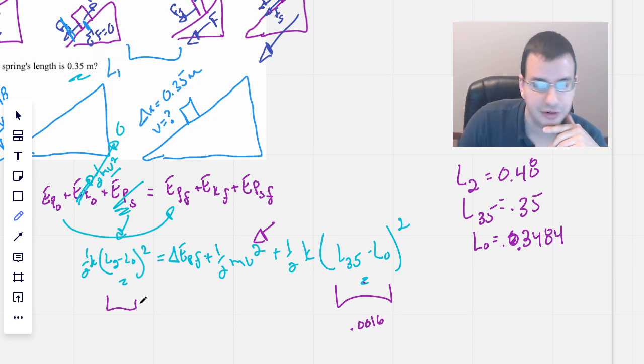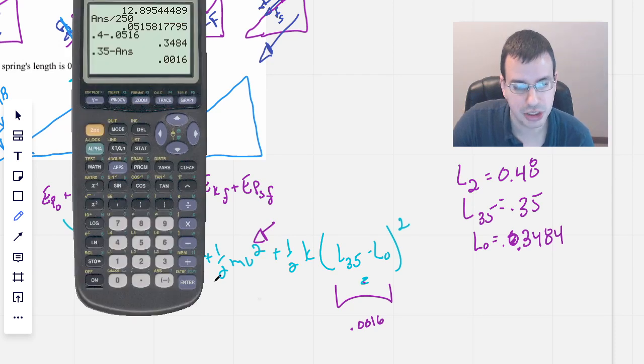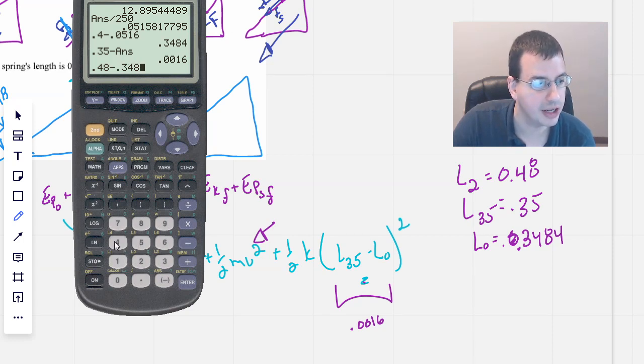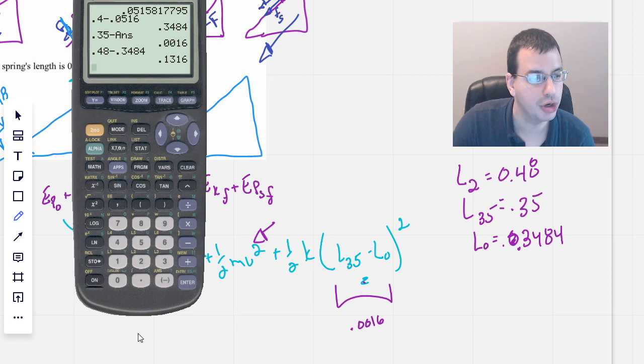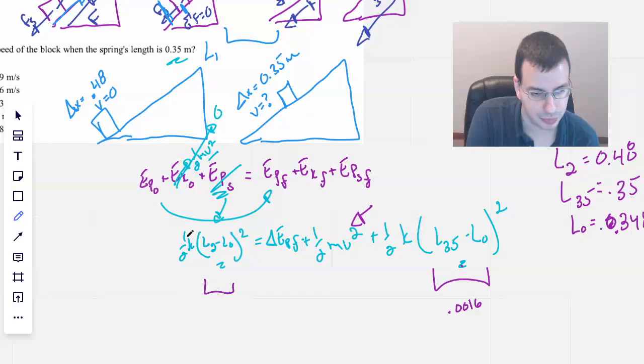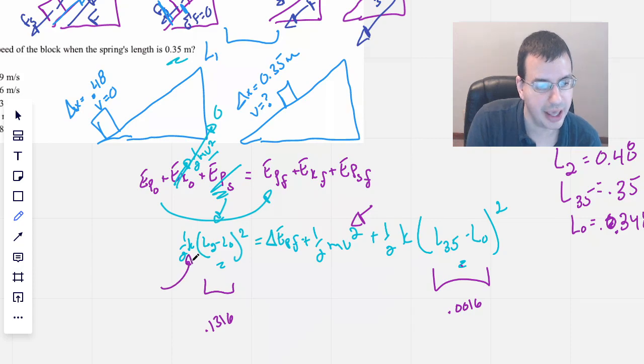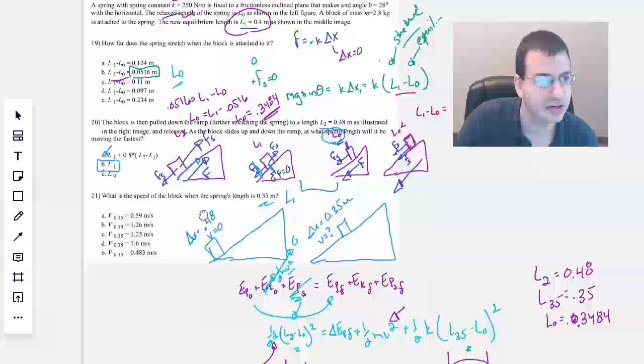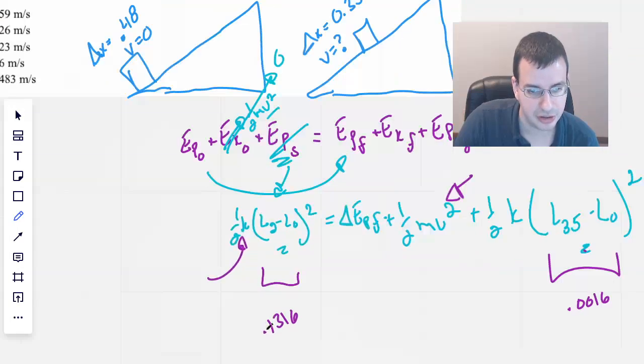And then we have this one right here, which is 0.48 minus 0.3484, which is 0.1316. We also know k, which I think is 250.